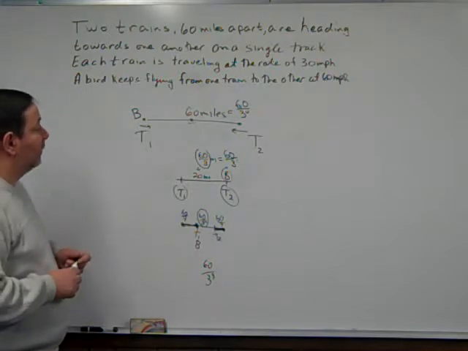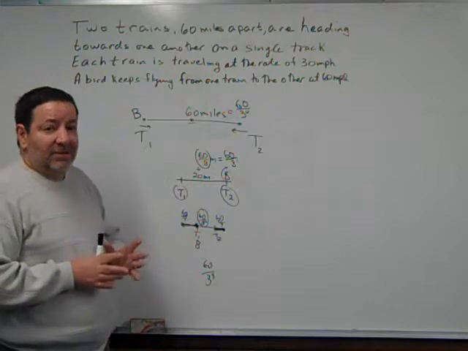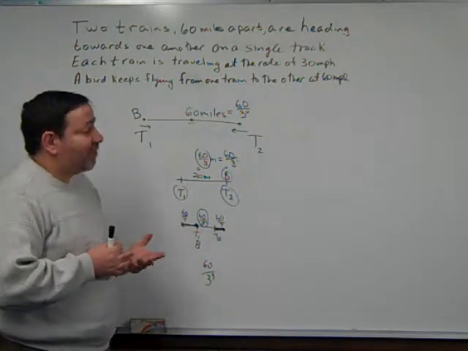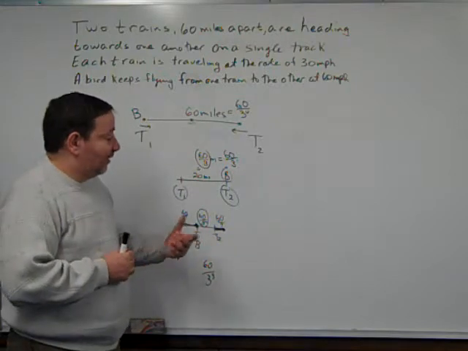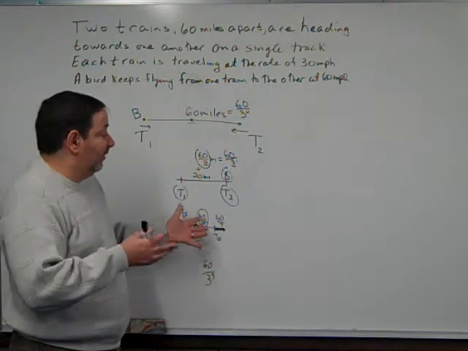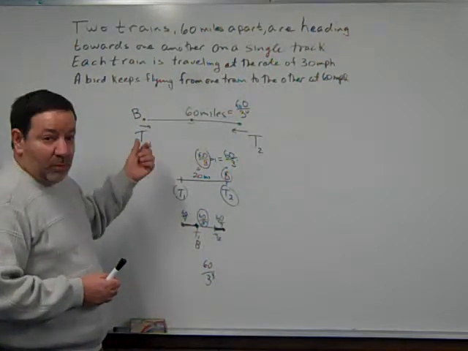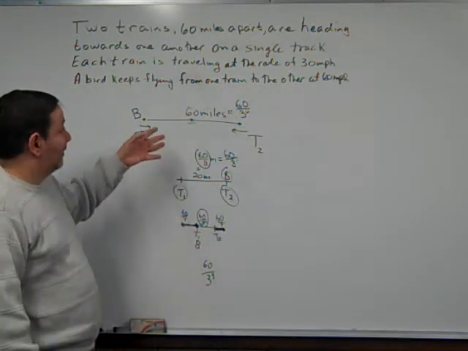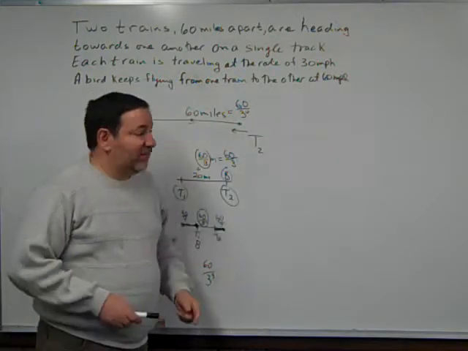Now I should have made this comment a little bit earlier. We're going to assume, this is a physics problem, there's some things you have to assume, especially when nothing is stated about something. Nothing is mentioned about how quickly the bird turns around. It just says the bird keeps flying at 60 miles an hour.